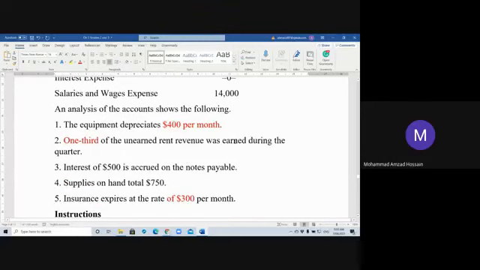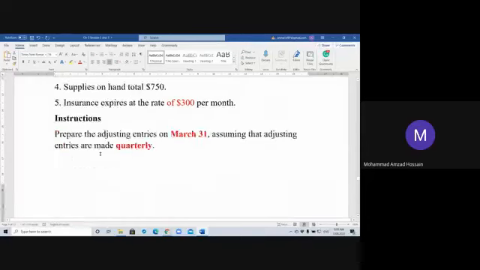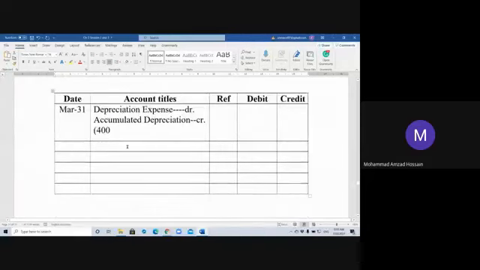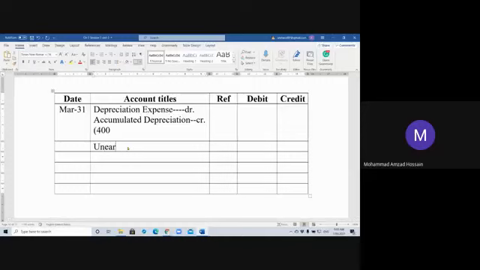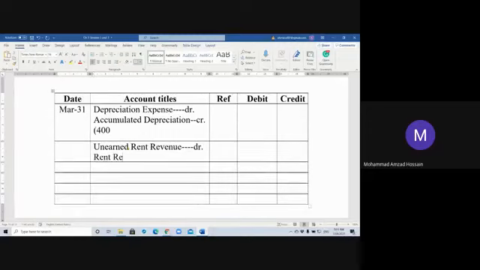So what will be the journal? Unearned rent revenue debit and rent revenue credit.